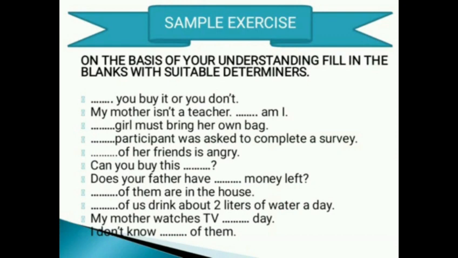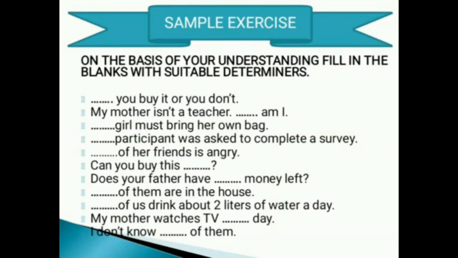Next exercise is there. Based on whatever examples we have read and understood, you have to evaluate them once again and see how to use and solve them in the correct manner. Number 1, dash dash you buy it or you don't.